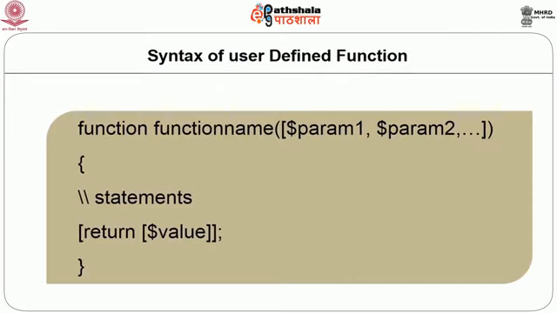The general syntax to define a function is the function keyword, then the function name and the parameter list you have to provide. This is optional, but parentheses are compulsory because the parameter list is passed in parentheses.